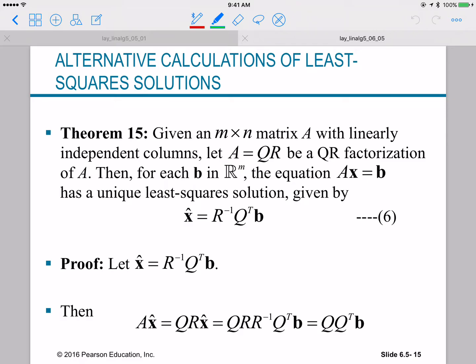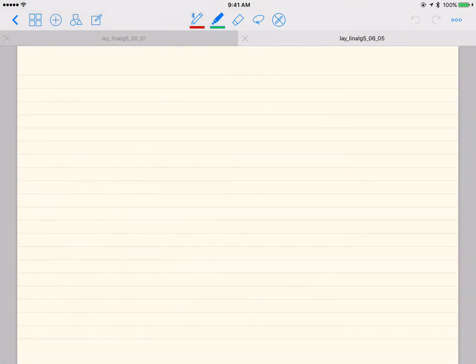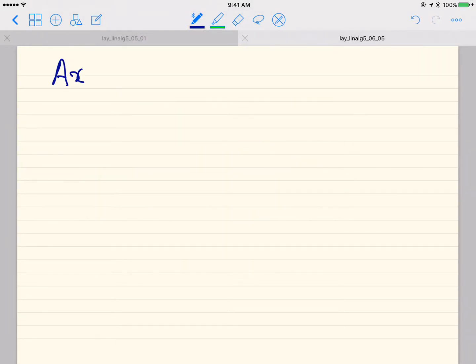So suppose you are given this least square again.